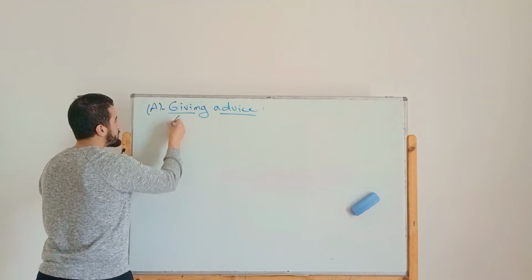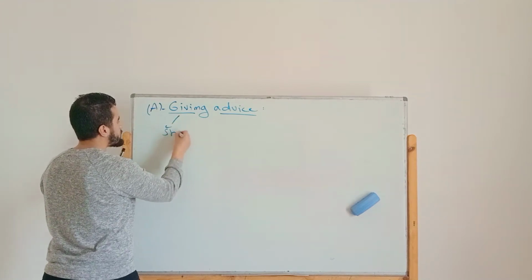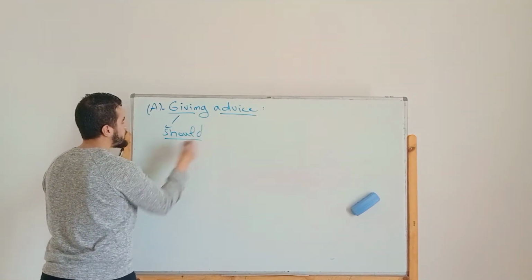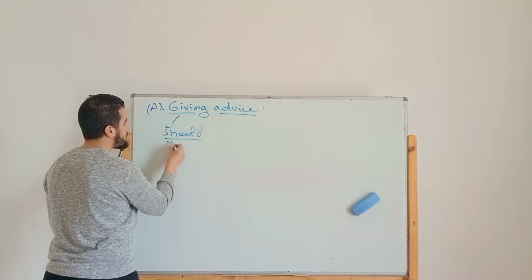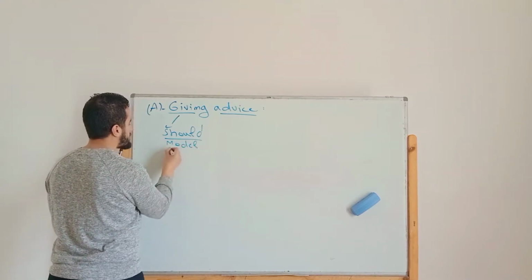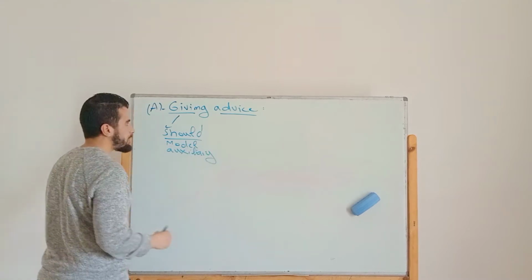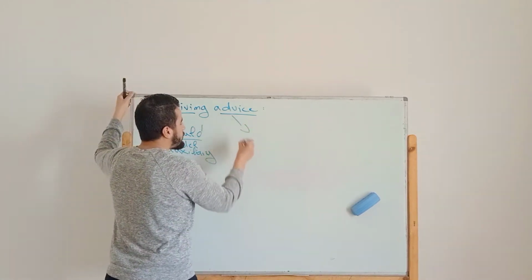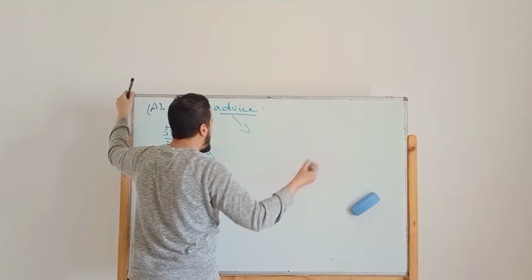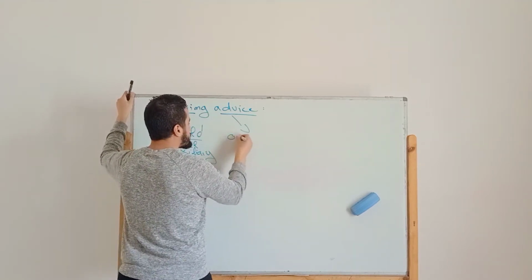We use should. So, should is a modal auxiliary, whereas the other one, which is semi-modal, is ought to.